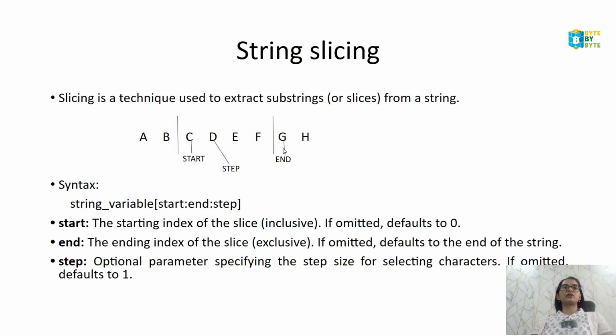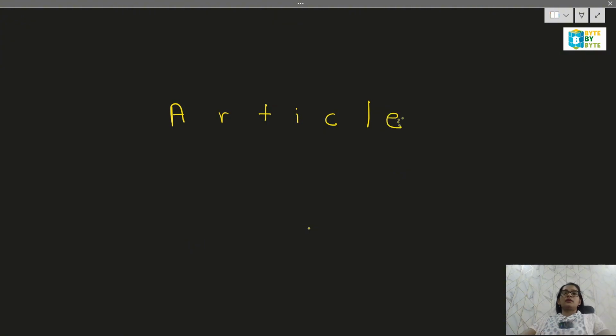Now the next important topic is slicing. Slicing is used to extract a substring from a given string. For example, my string is article, and I want to retrieve this particular part from the string.